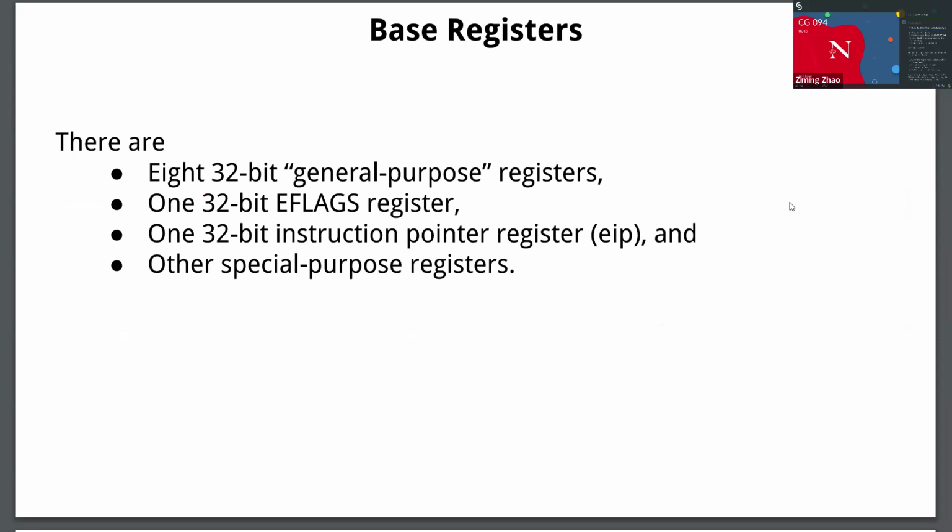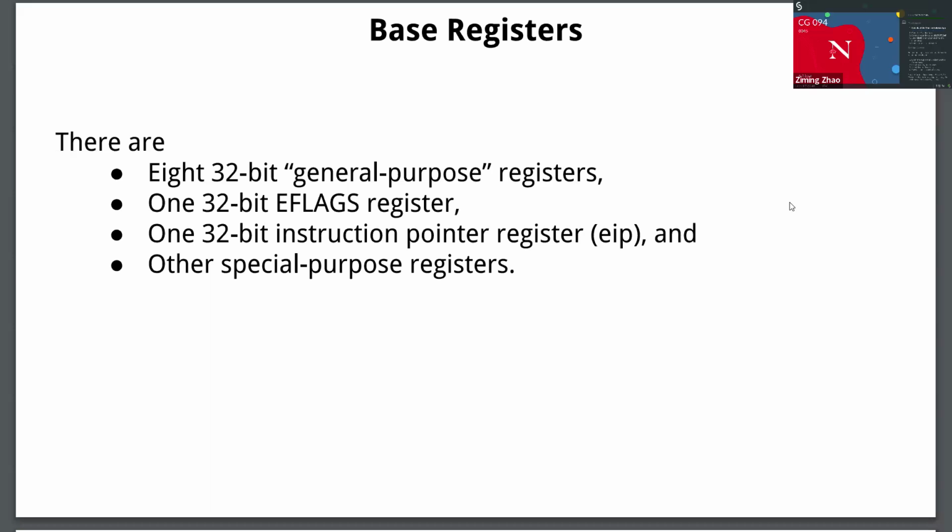For this architecture, there are several base registers. There are 8 general purpose registers, 1 flag register called EFLAGS. So the older version, the 16-bit version, may be called FLAGS. The 32-bit version is called extended EFLAGS.